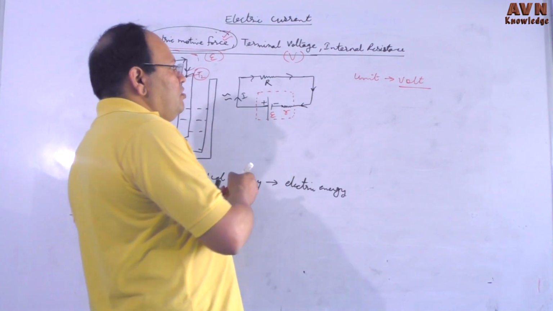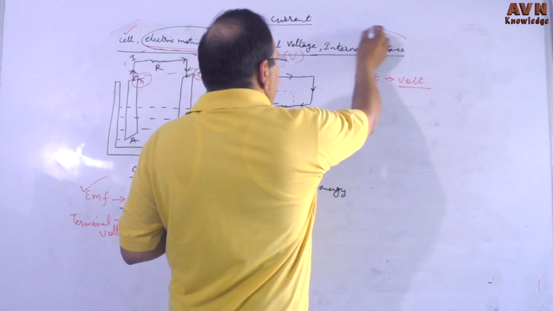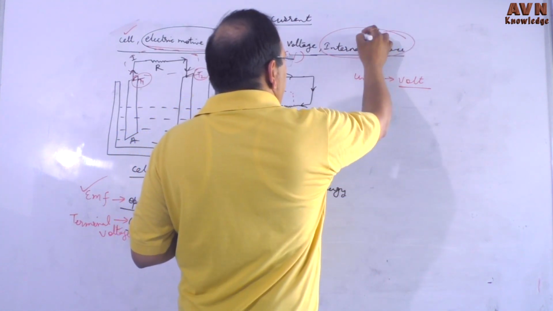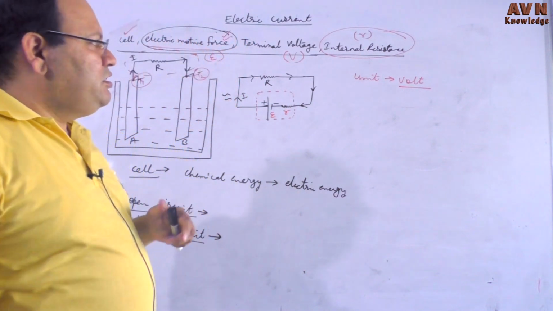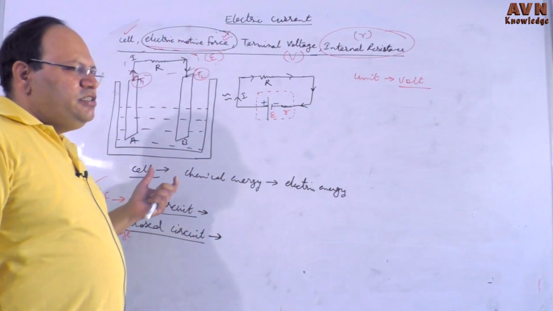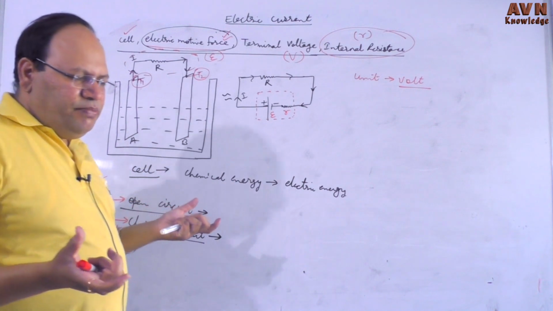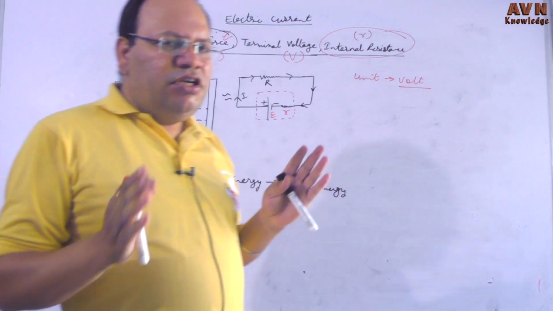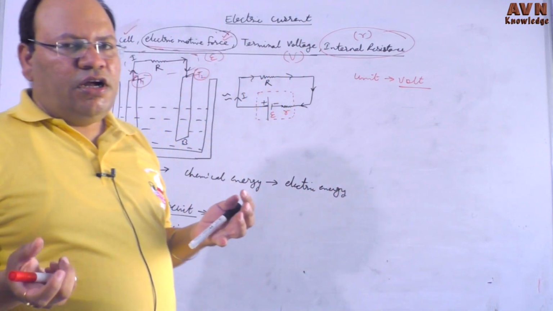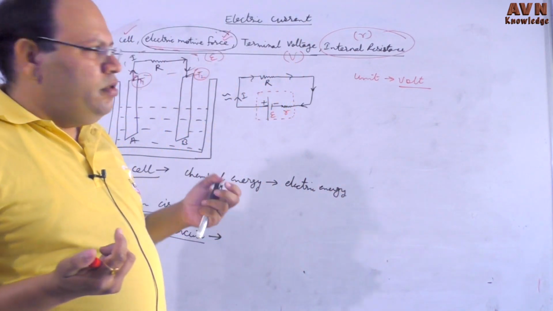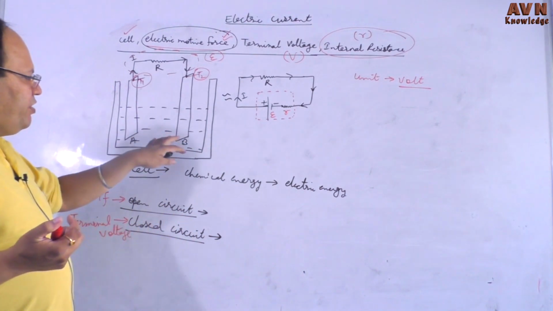Here the unit is also volt, and now the internal resistance, which is generally small. What is the internal resistance? It is a resistance, the same as any resistance: the resistance to the movement of molecules, cations or positive ions, and negative ions.